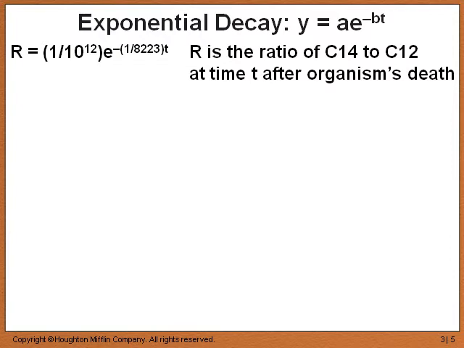But once an organism dies, whether it's a plant or an animal, that radioactive carbon-14 begins to decay. And what that means is it simply changes from C14 to C12 by losing 2 neutrons. Okay, you don't need to worry about that background so much for this problem, but that's where this comes from. R is the ratio of C14 to C12 at time t after organism's death.